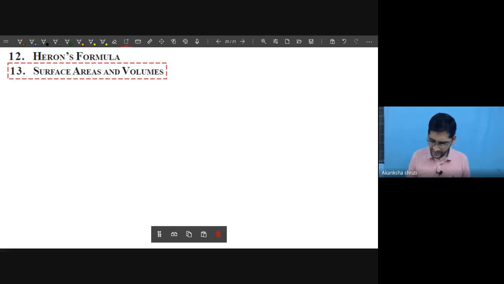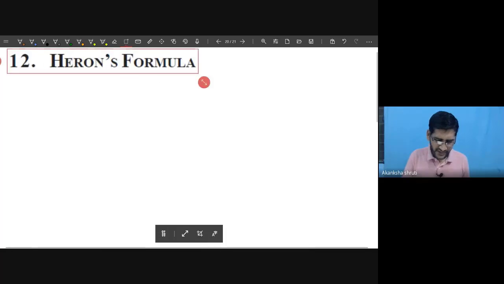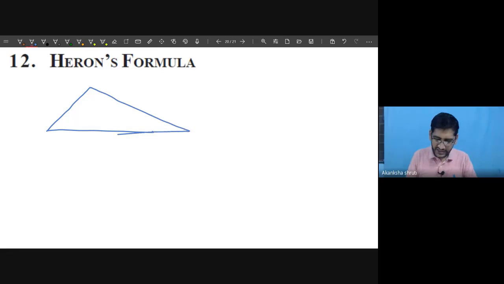Student, let us first go with the Heron's formula. What is this Heron's formula? We have already learned that if the three sides of a triangle are given, consider triangle ABC.